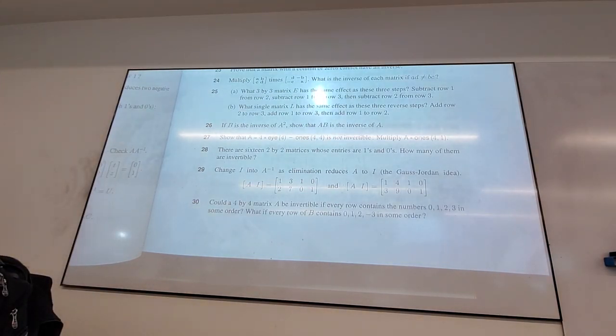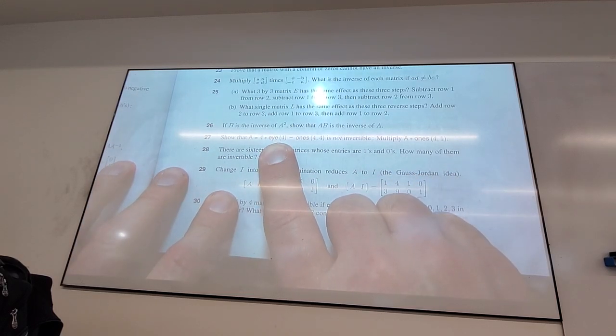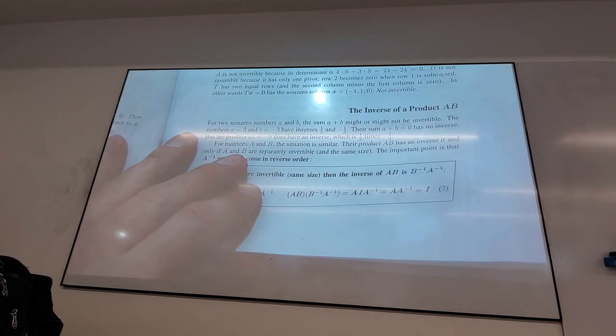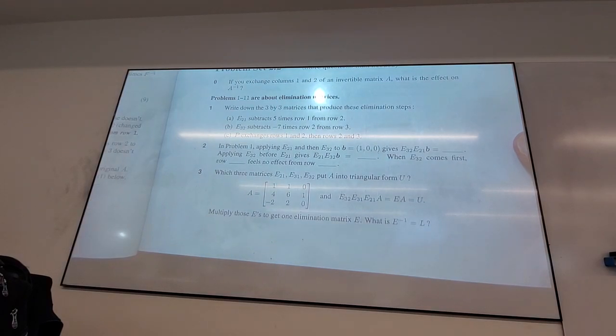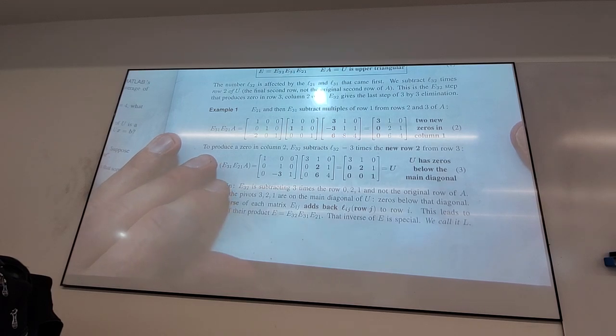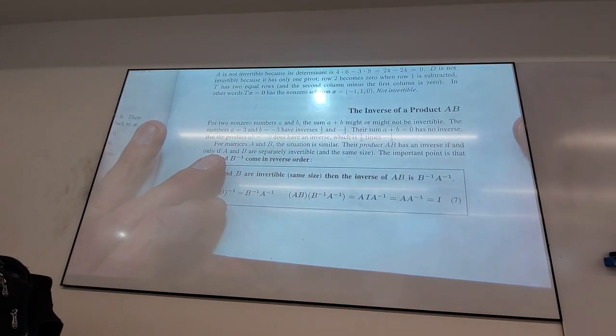Did you find where they described this? Which one is that? 2.3 or 2.2? 2.2, yes? 27, yeah. Nope, that's 2.3. If I remember correctly, this one. 27.